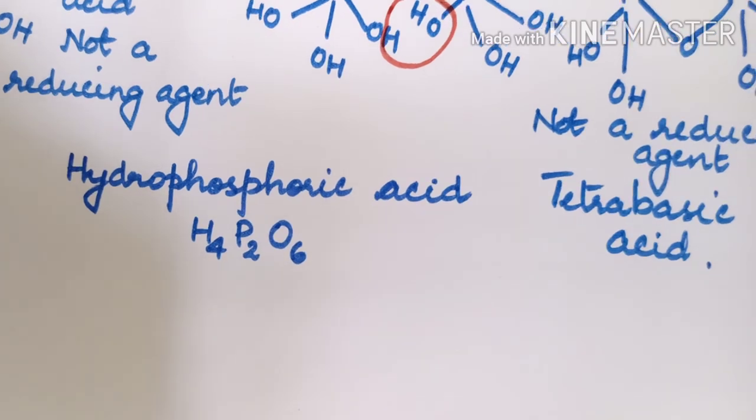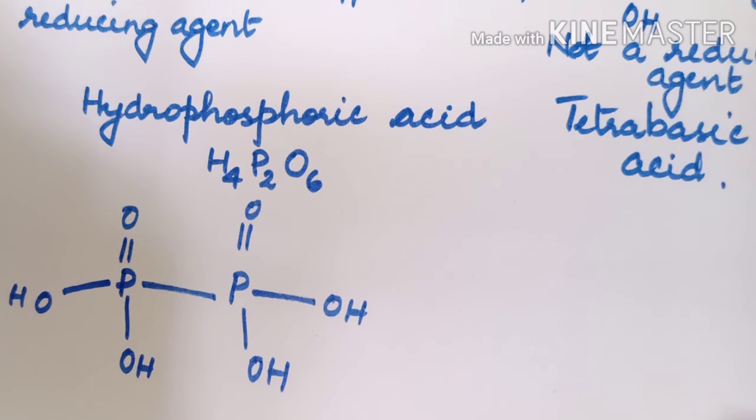Here the tetrahedra are joined only through P-P bonds. So the structure becomes a planar molecule with 4 replaceable hydrogens, that is 4 acidic hydrogens are present, and so it is a tetrabasic acid.